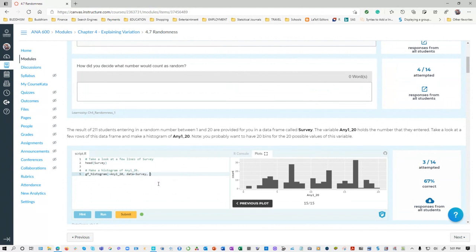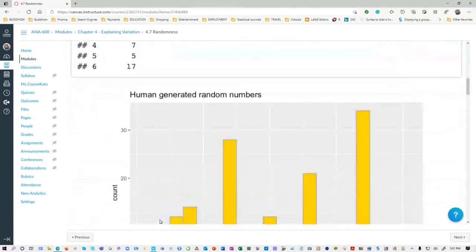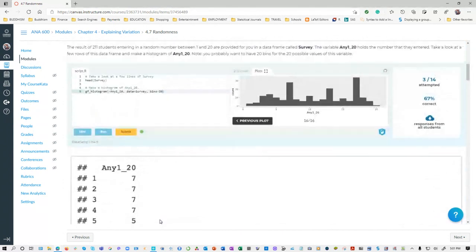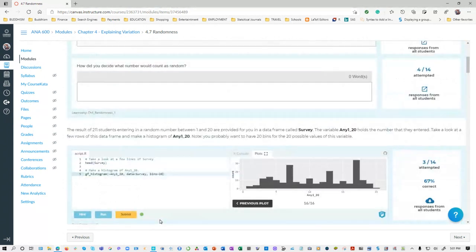The problem, we know, is that we need the bins. Maybe it is 20 bins. Let's go with 20 to make it somewhat like theirs.